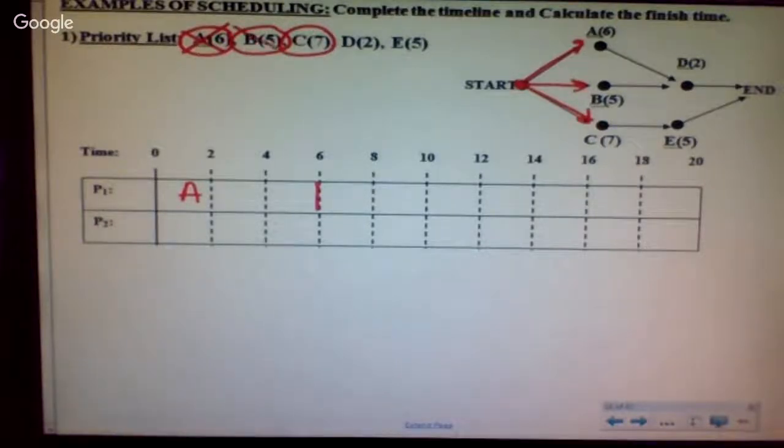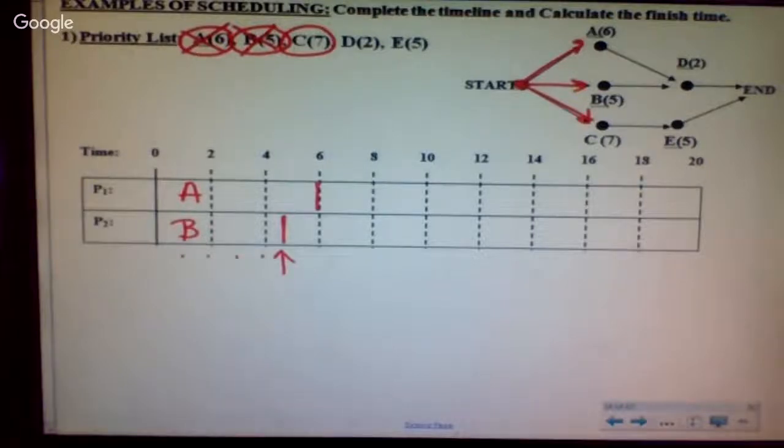So that's B. So I put B here. Then C goes right after. Now all of my processors have something to work on. So they're working, they're working.